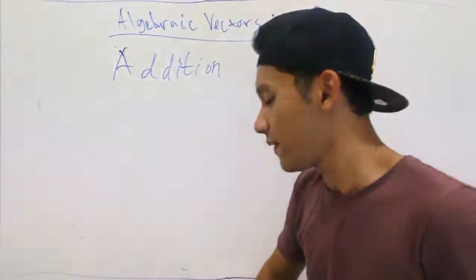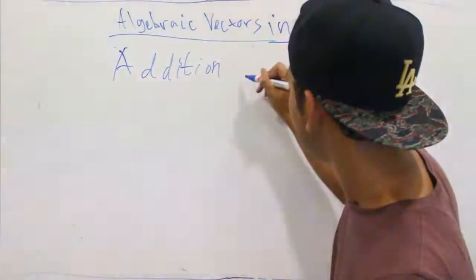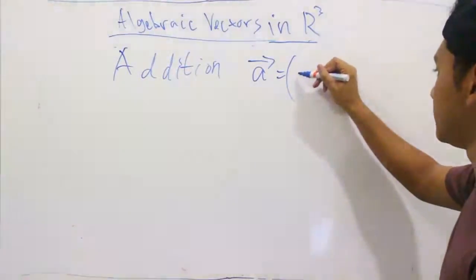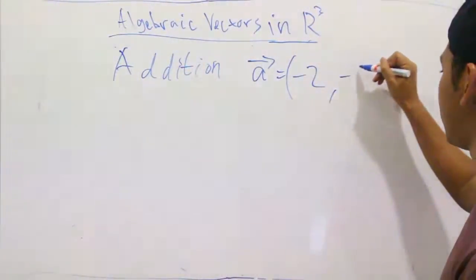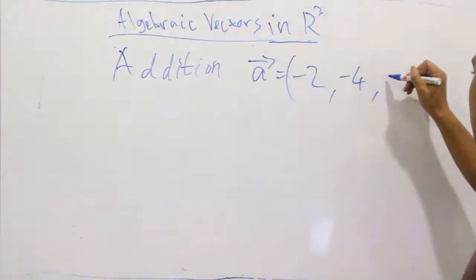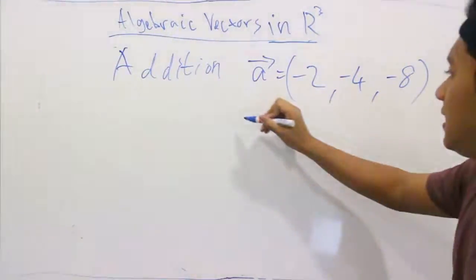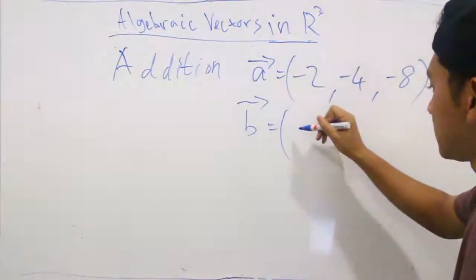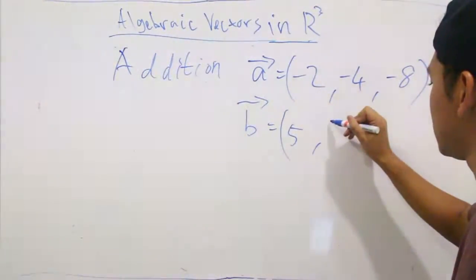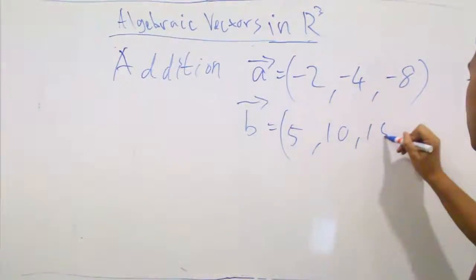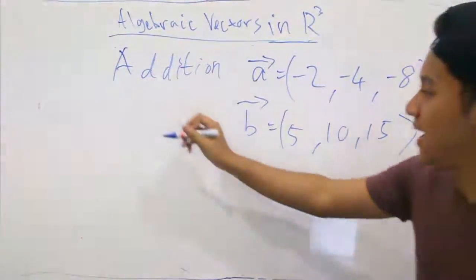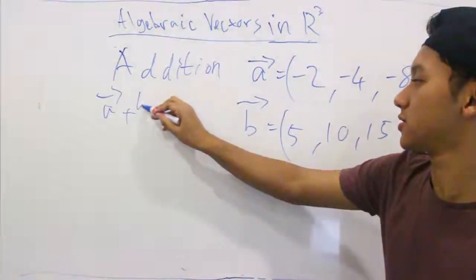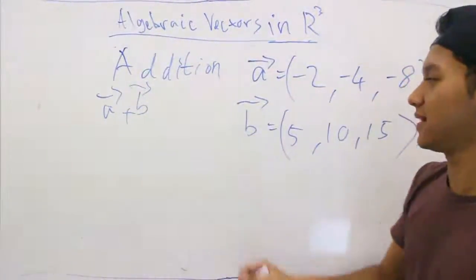Say we got vector A is equal to -2, -4, and -8. And vector B is 5, 10, 15.